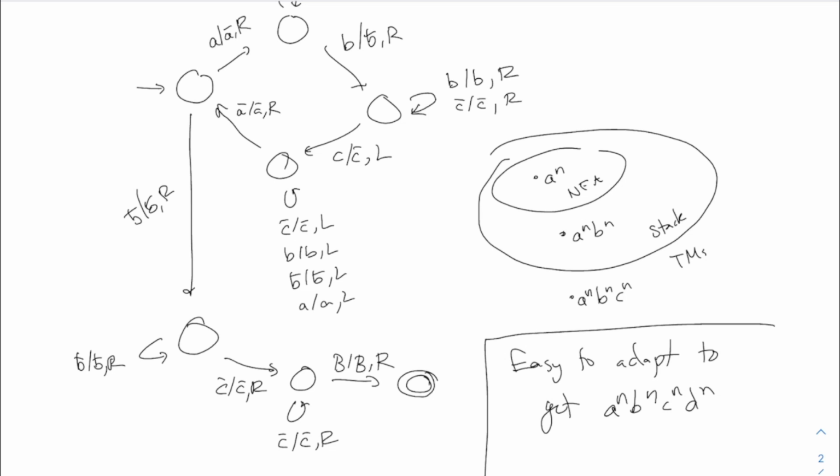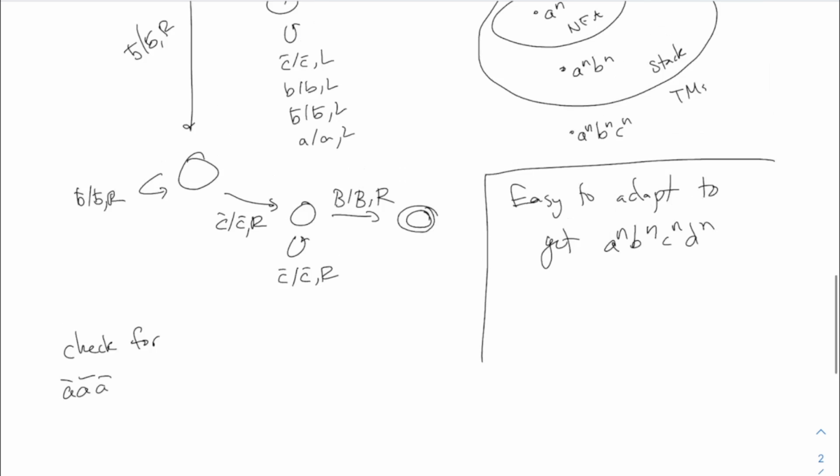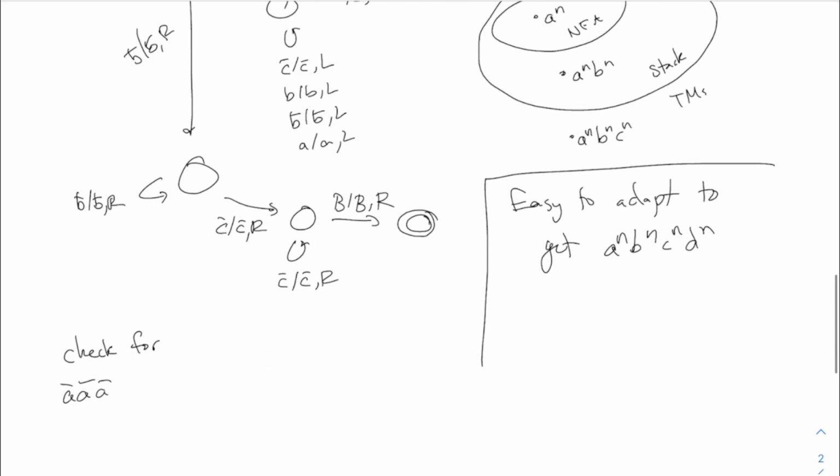What I'm trying to do here is we have the A bars, which we don't really have to check for because they have already been accounted for up here. But then really what we're checking is that the rest of the string is all B bars followed by C bars. This is the part that we're checking at the end there.